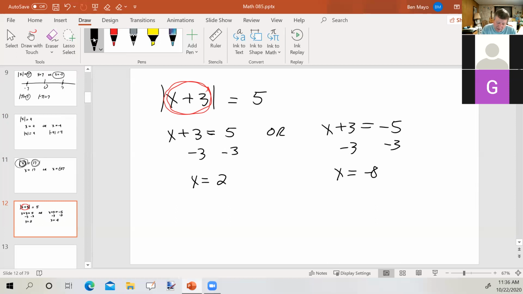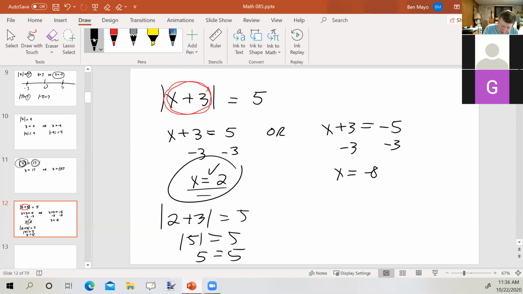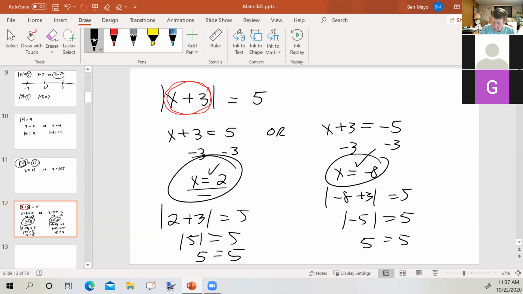Let's check our answers. If x equals 2, we would get this, which would be this, which would be that. So x equals 2 is a correct solution. If we get x equals -8, we get this, which is this, which is that, which is also true.